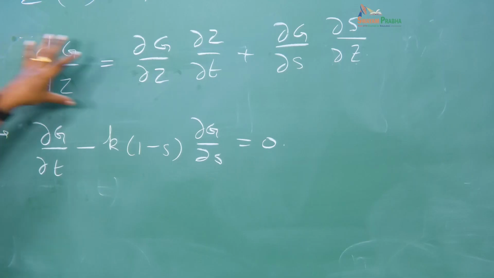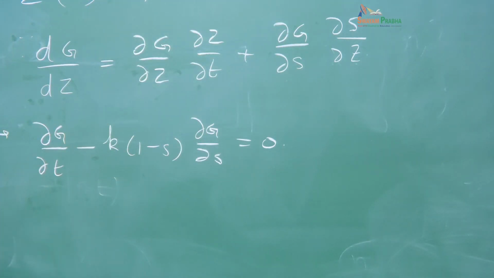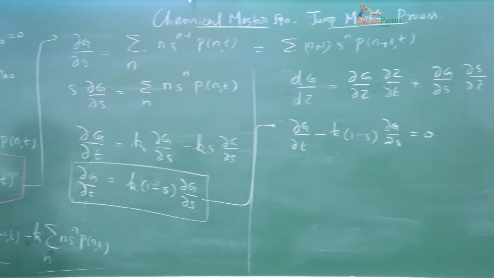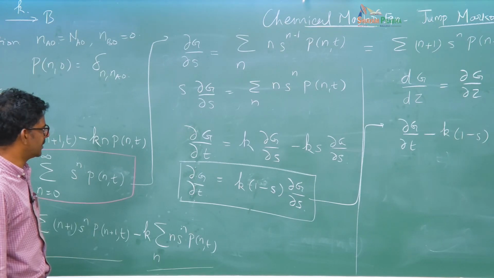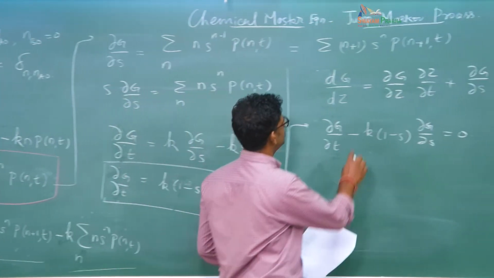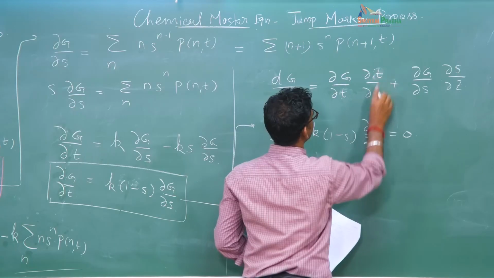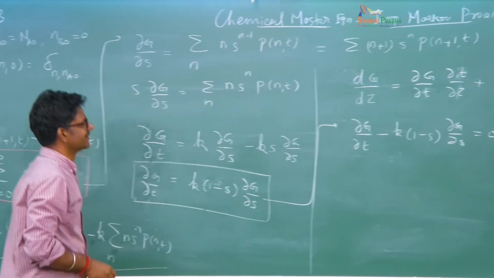By writing the total derivative of G with respect to Z and comparing with the original equation, we can look at it term by term to find the corresponding values here. Oh yeah, this is supposed to be T.